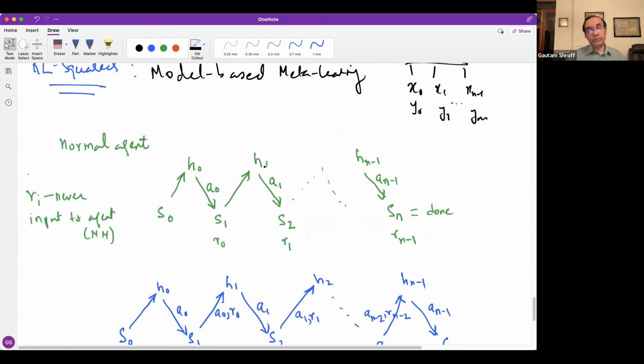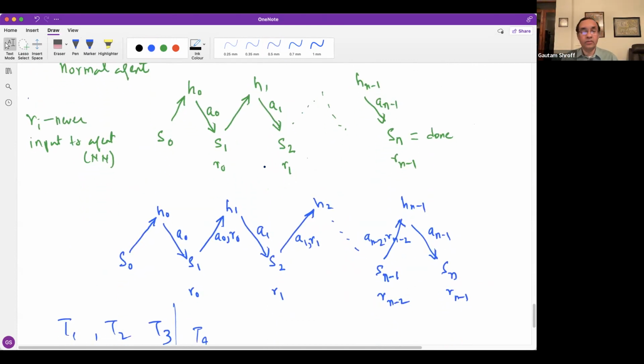Now, of course, this is reinforcement learning, but it is not going to be that easy to train using REINFORCE, because REINFORCE requires you to have a very long sequence.